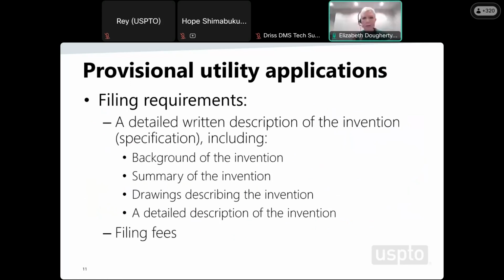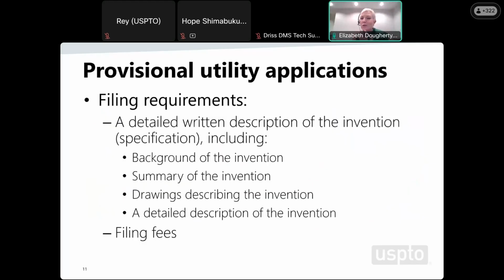So what are the filing requirements? And this is where people get challenged. And it's because the intellectual property system is governed by laws and rules. And these have been established over time. Keeping in mind our first patent law was issued in 1790, the same year we issued the first US patent.